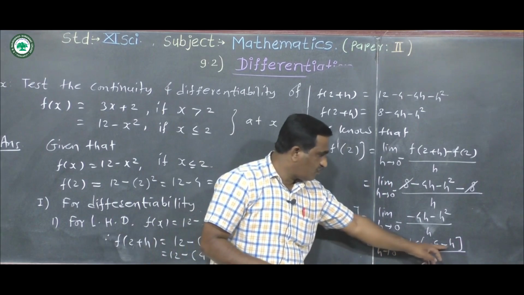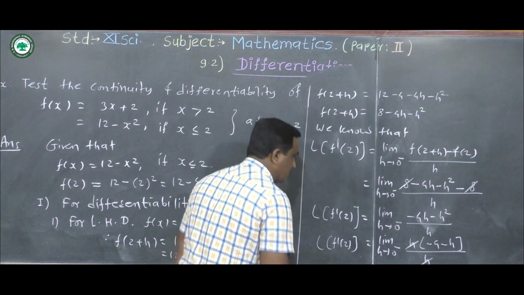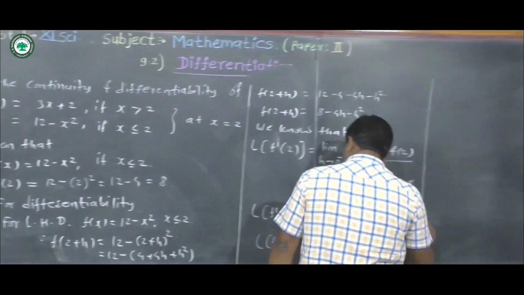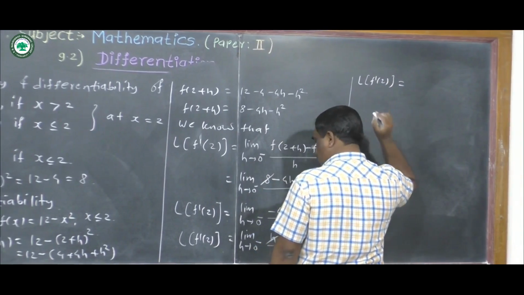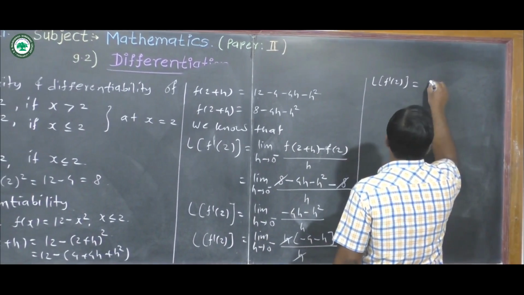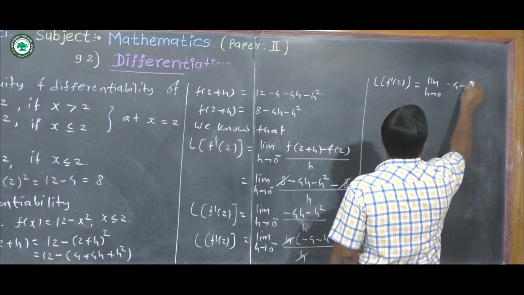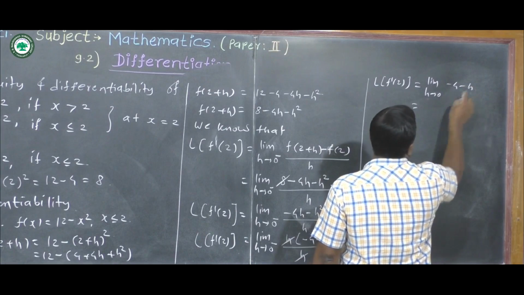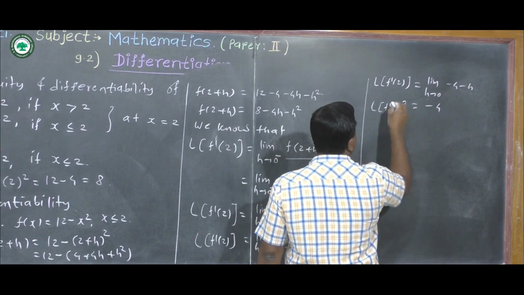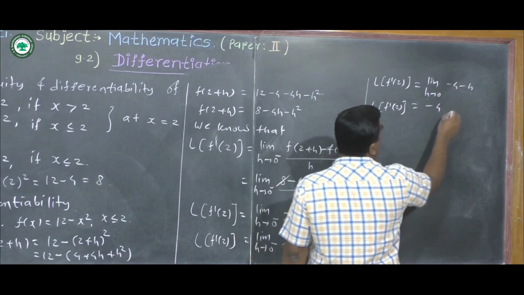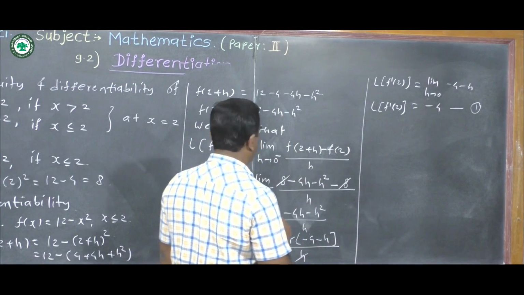Remains only minus 4 minus h. Put the value of h as 0, we get minus 4. So L of f dash of 2, the left hand derivative at x equal to 2, is minus 4. Equation number first.